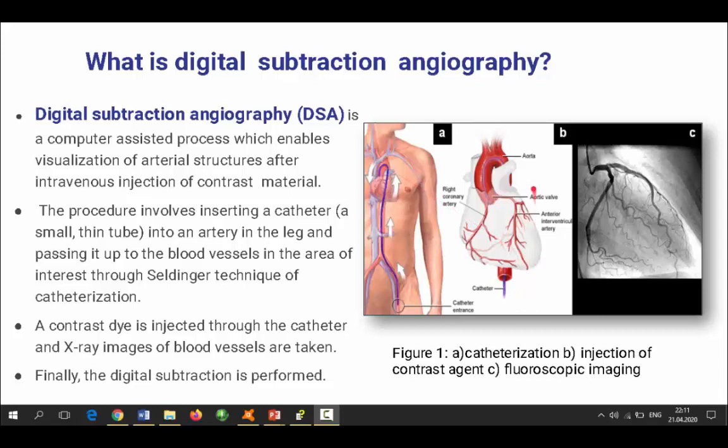After that, the contrast agent is injected into the artery of interest and a series of radiographic images are taken. The contrast agent increases the contrast of blood vessels on the radiographic image. And finally, the digital subtraction, which will be described later, is performed with the help of a computer.